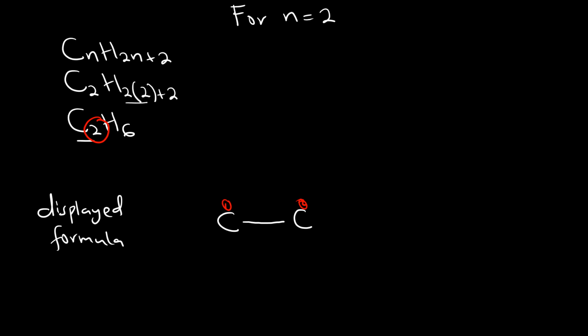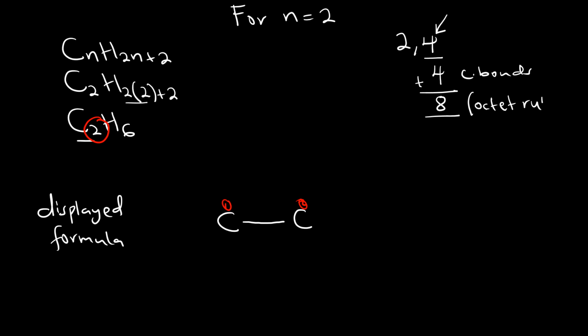Now remember, carbon has the electronic configuration 2, 4, where we have 4 electrons in the outermost energy level. As such, it will need 4 more covalent bonds, so that it can have a total of 8 electrons in its outermost energy level, so as to be stable, to follow the octet rule.